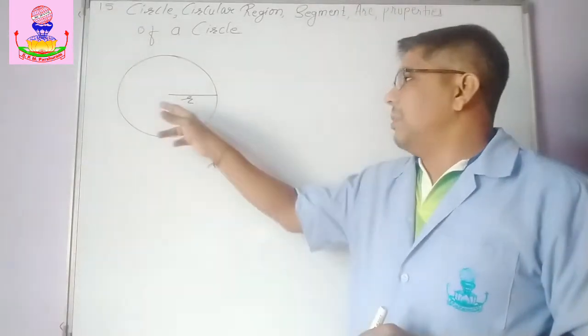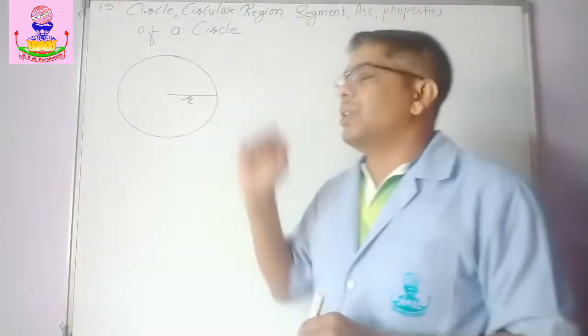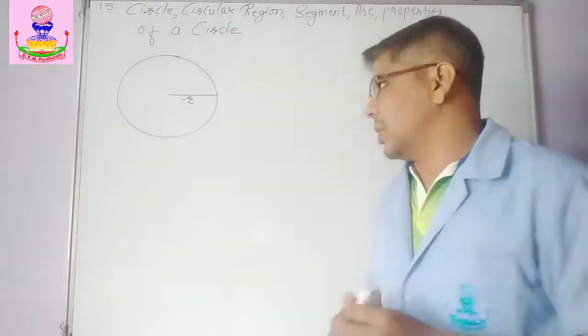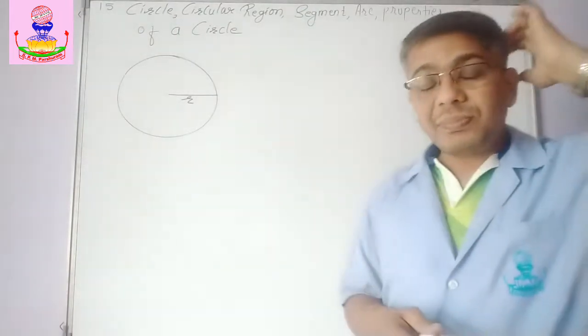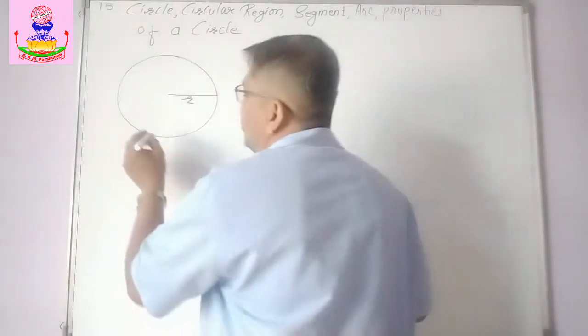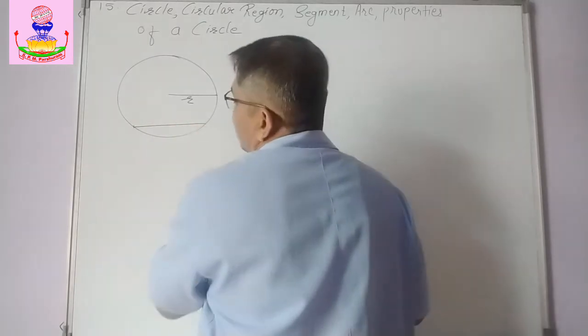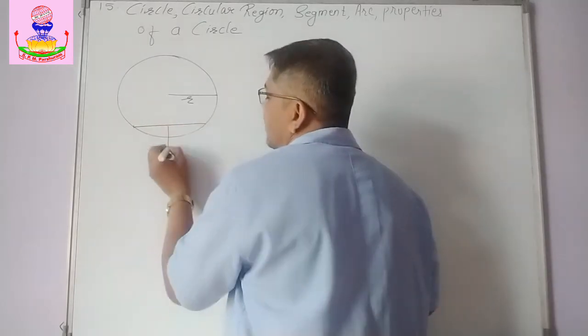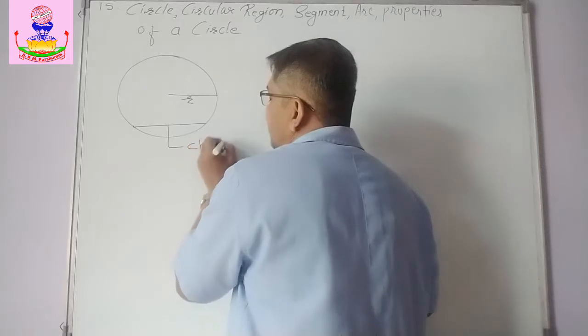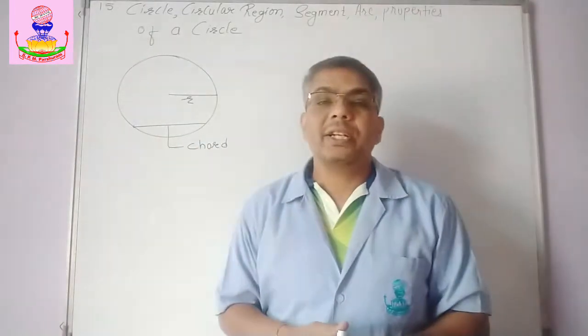So the segment joining the center of the circle and any point on the circle is called the radius of the circle. On the other hand, a segment joining any 2 points on the circle is called the chord. So this is a chord.